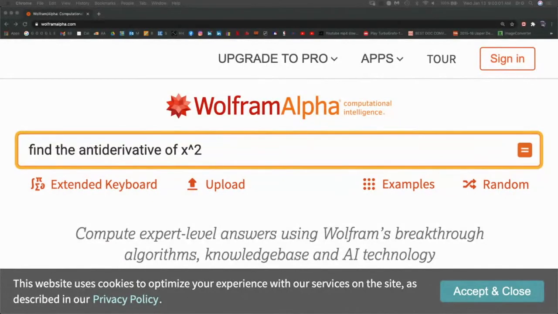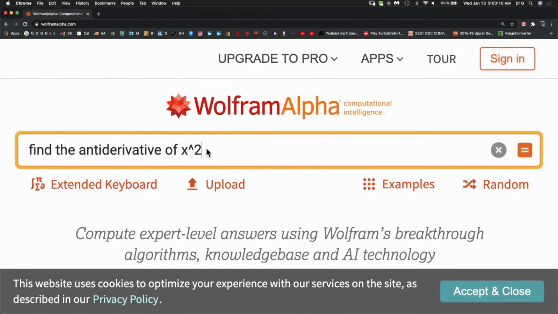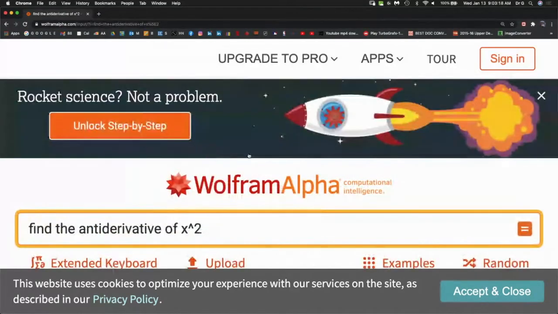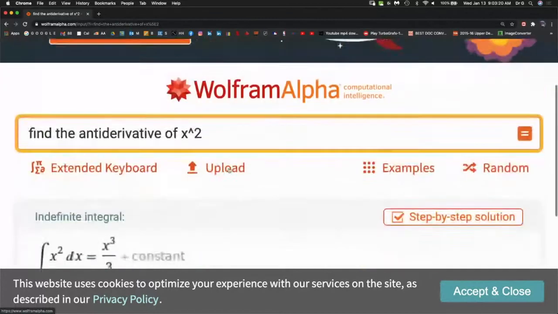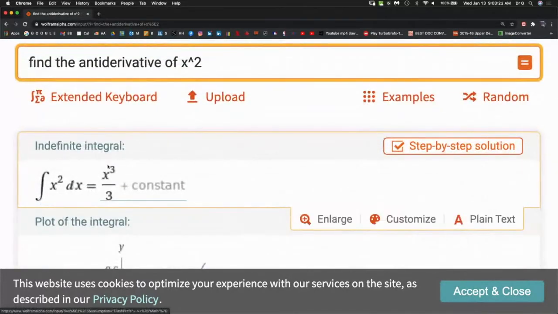This website allows you to find the antiderivative. You can also use other websites, which I'll show you next week, where you can actually do the integral, but we'll get there eventually. So if I find here the antiderivative of x squared, we did this one earlier, it'll be x to the 3 over 3. See it? X to the 3 over 3 plus a constant.